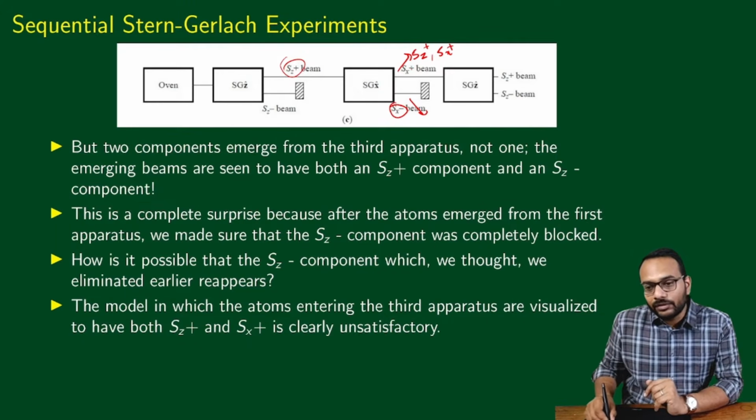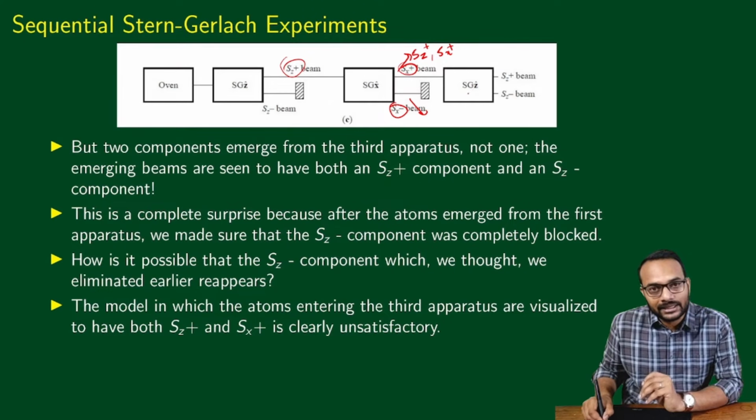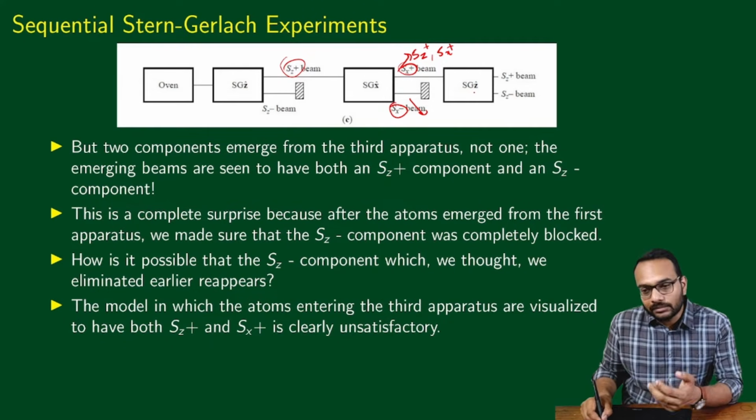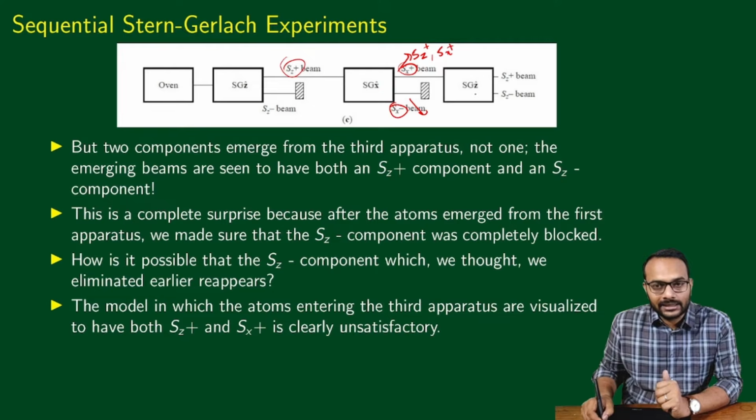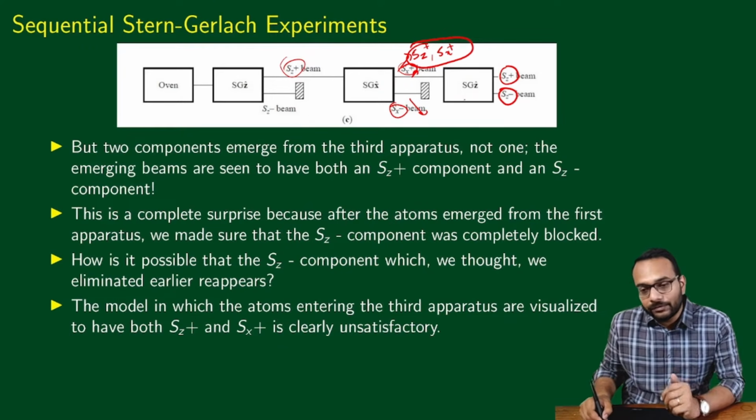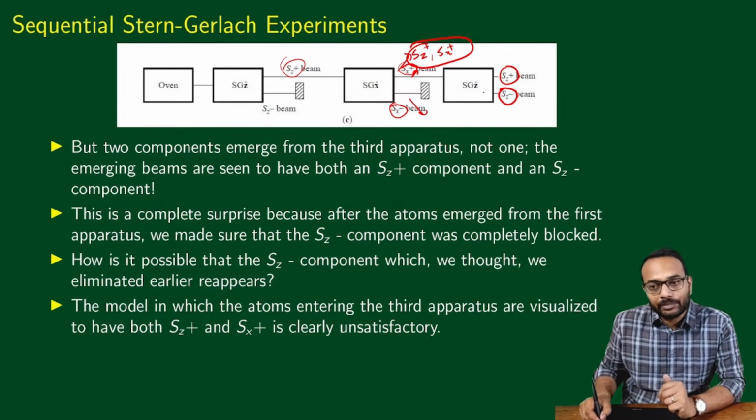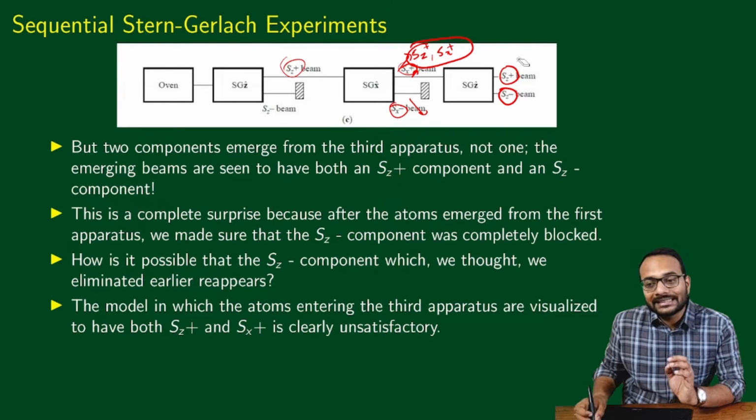Now again we feed this Sx plus beam into an SGZ apparatus, where the magnetic field is in the z direction. And what do we get? Again, we get an Sz plus beam and an Sz minus beam. If our first guess was true, if these atoms were characterized by Sz plus and Sx plus, we should have got only the Sz plus beam.